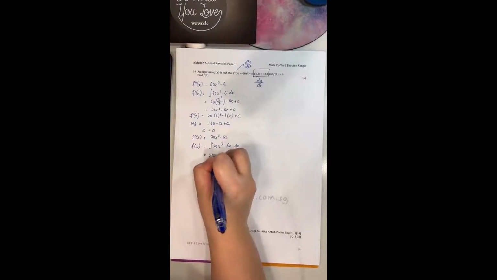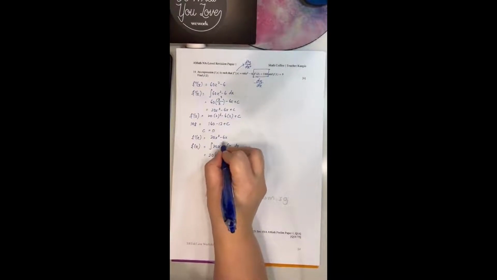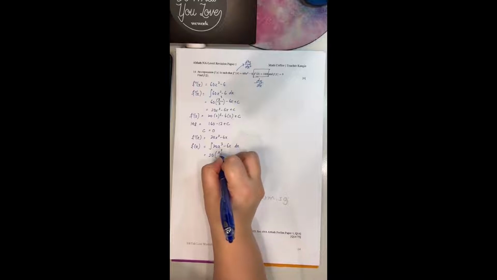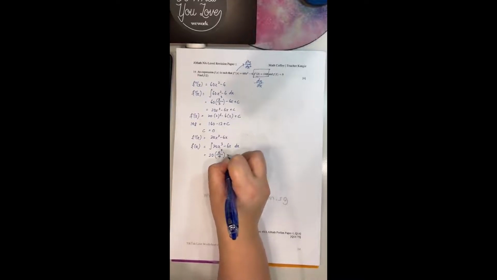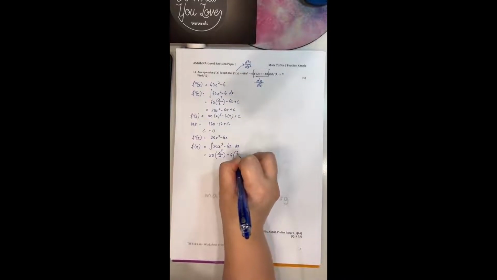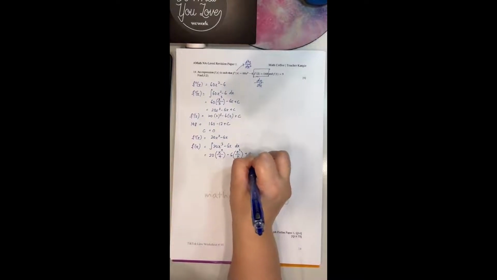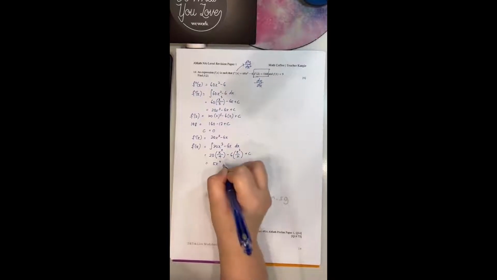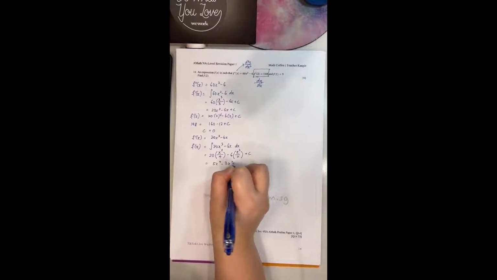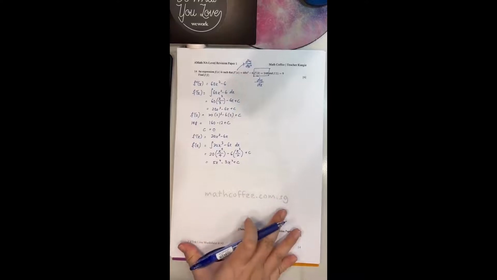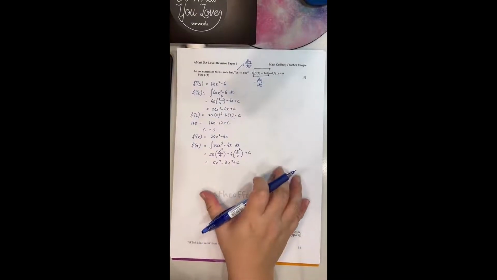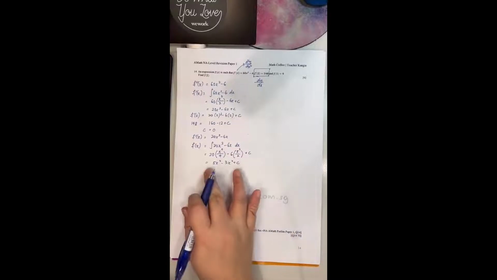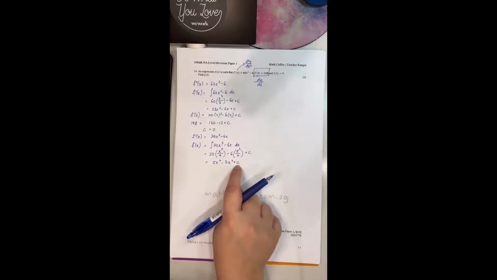Integrate the x cubed, x to the power of 4 over new power, minus 6x, 1 plus 1, so it's 2 over new power, and plus c. 20 divided by 4, so this is 5x⁴ minus 3x² plus c. Don't forget the plus c.